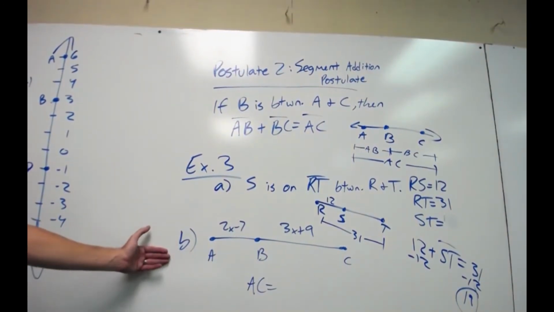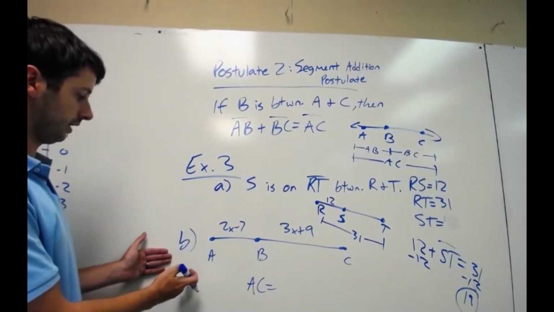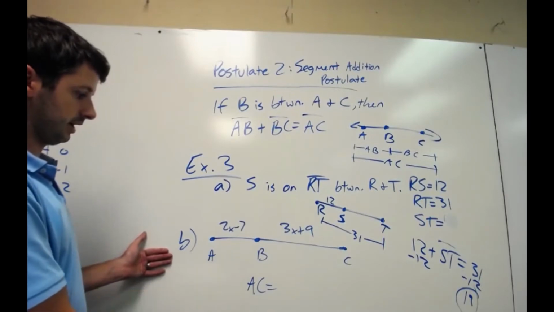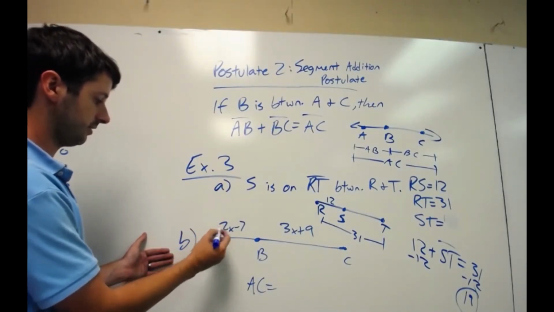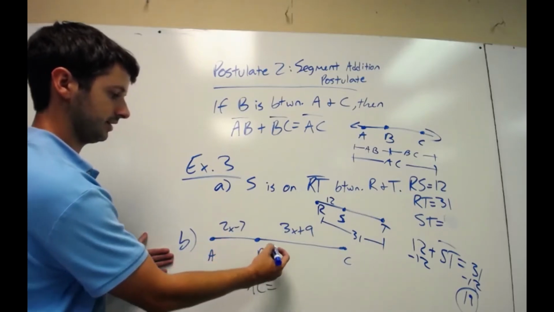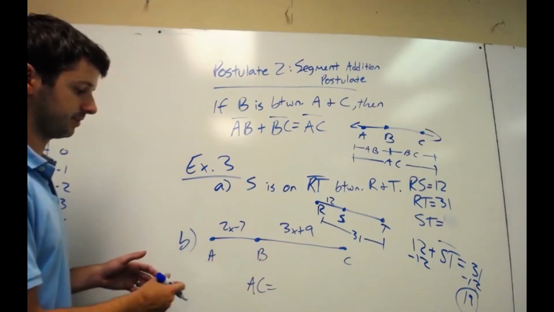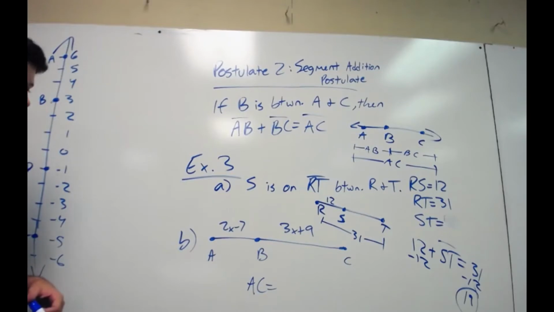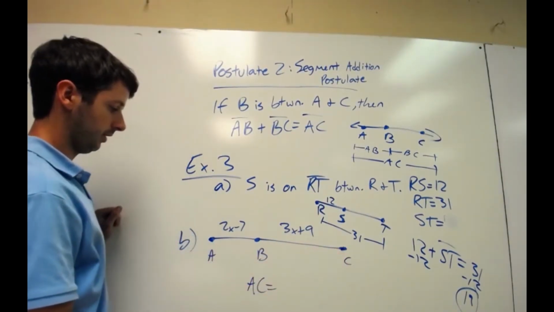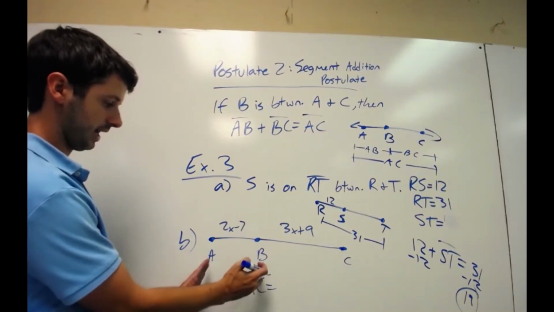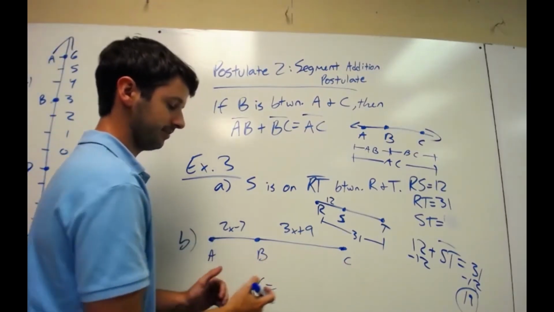B, it gives you this line here. It gives you the distance from A to B, 2x minus 7, and the distance from B to C as 3x plus 9. And then it says to find AC. Well, to find the total, we add the two little lines, AB and BC.